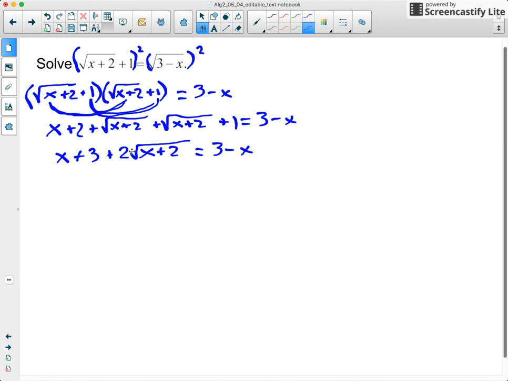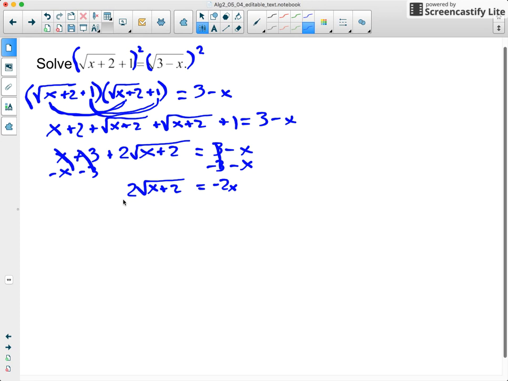After we combine our like terms, then we're going to isolate the radical. So we'll subtract 3 from both sides of the equal sign, and we'll also subtract x. And these will cancel, leaving us with 2 times the square root of x plus 2 equals negative 2x, where this cancels out, and then negative x minus x gives us negative 2x.